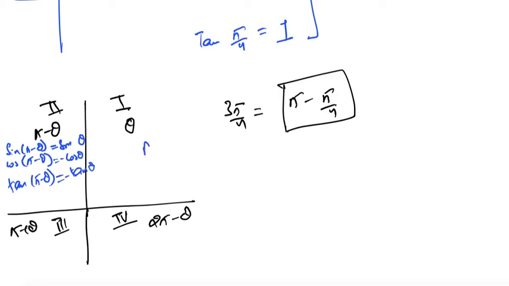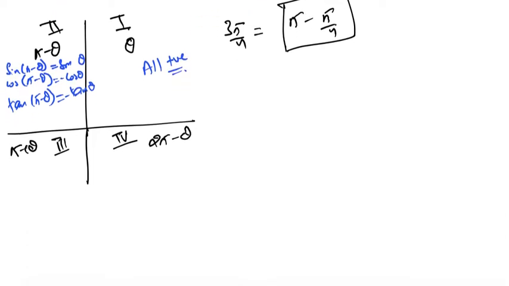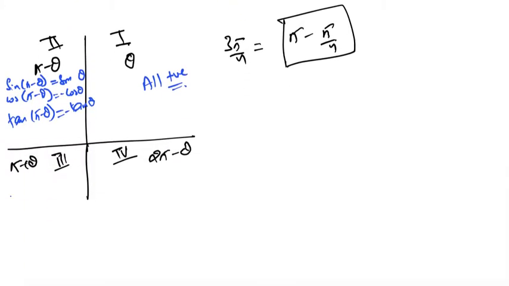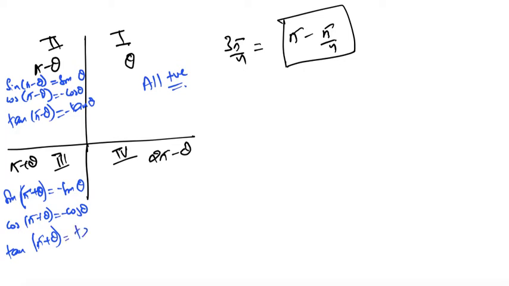In the first quadrant all are positive. In the third quadrant we will have sine of pi plus theta is equal to minus sine theta, cos of pi plus theta is minus cos theta, and tan of pi plus theta is positive tan theta.